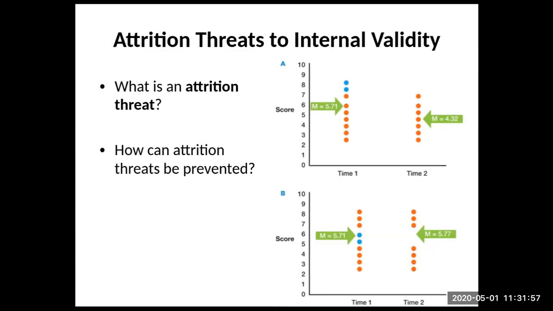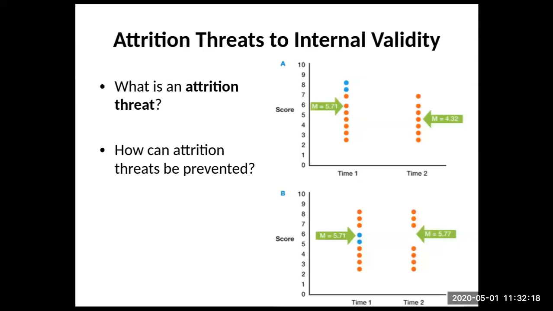And then the group was measured again for the post-test, and look, they went down from 5.7 to 4.3. The question is, did they go down simply because they got less rambunctious, or was it because the 2 most extreme scores were not there at the post-test?